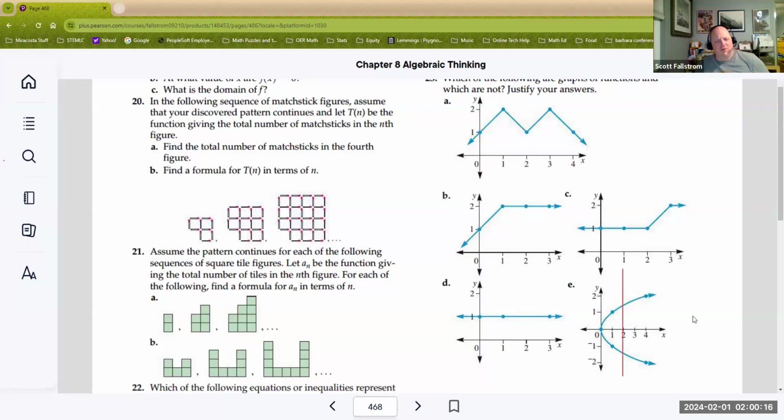So down here in part E, that's again what this is kind of helping to show me, I can see that it intersects the line twice, which means I have two outputs for one input of the number 2. And so right off the bat, that's not going to be a function. If you remember from high school, this piece we're doing, the up and down piece, is known as the vertical line test. That's a visual way of seeing whether or not your relationship is actually a function, I should say.